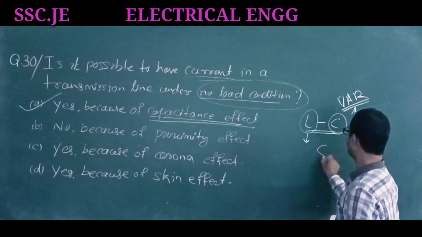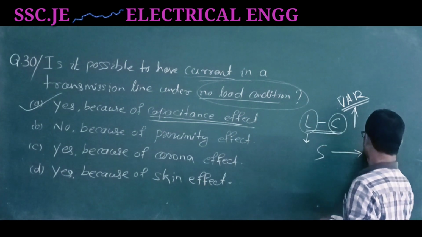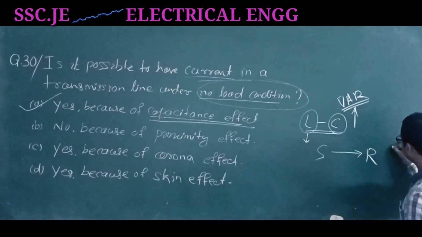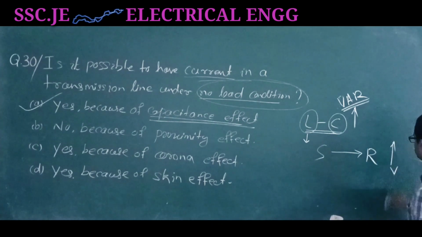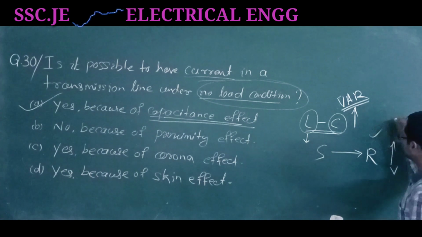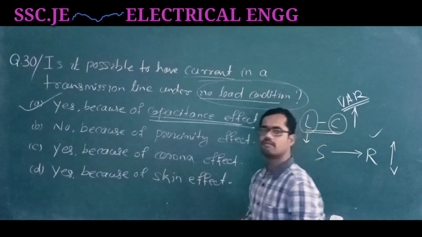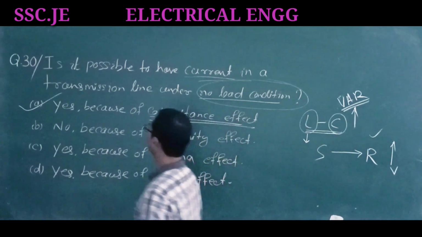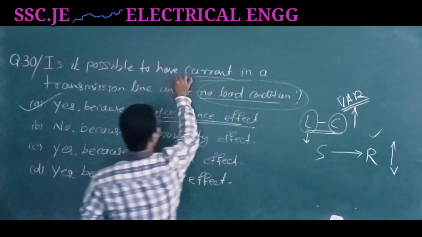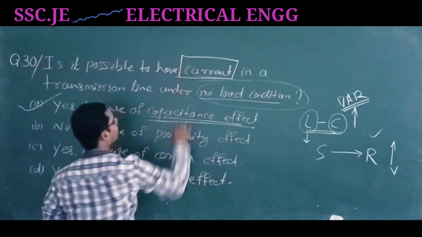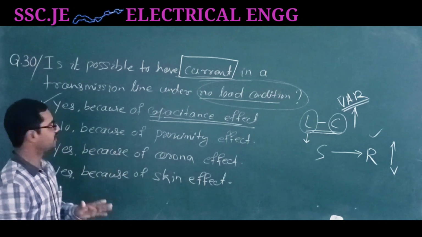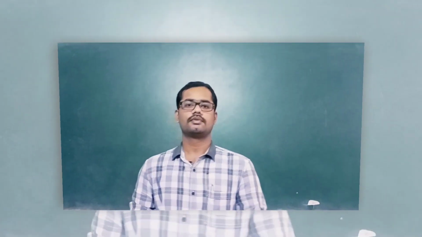For this reason, whatever voltage you send from the sending end, you will get more voltage at the receiving end. The voltage will be higher on the receiving end side. This is otherwise called the Ferranti effect. Due to this, some amount of current is there in the transmission line whenever there is no load. So answer A is the correct answer.